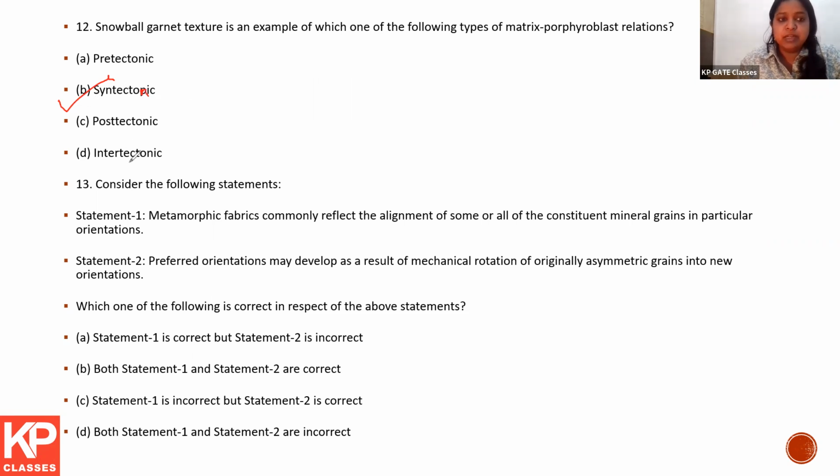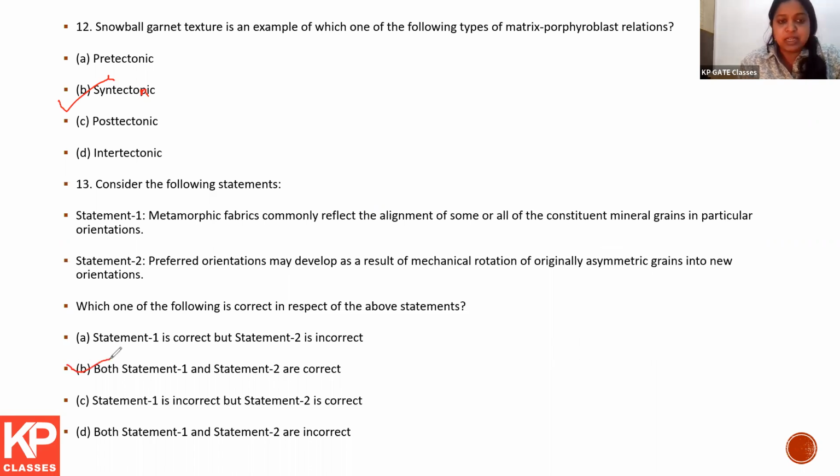Then the next one: consider the following statements. First, metamorphic fabrics commonly reflect alignment of some or all of the constituent mineral grains in a particular orientation. Second, preferred orientation may develop as a result of mechanical rotation of originally asymmetrical grains into a new orientation.